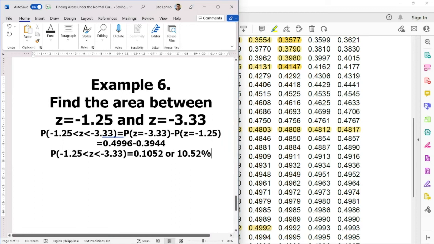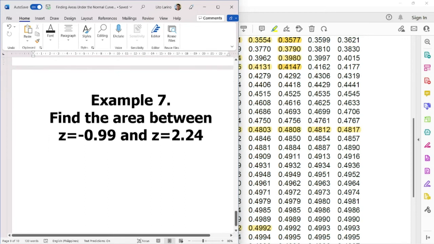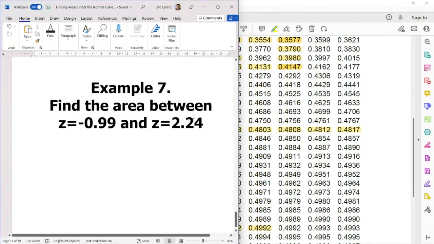Okay, what if the z-scores are between two z-scores that are located on opposite sides of the curve? One is above the mean and the other is below the mean. To do that, let's illustrate this. Find the area between the z-score negative 0.99 and the z-score 2.24.